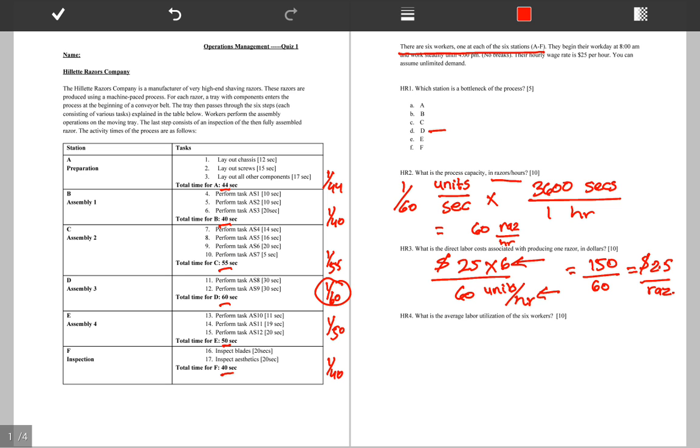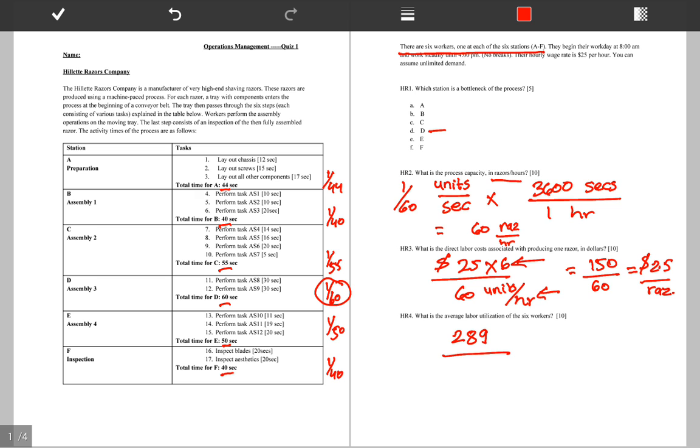Next question is, what's the average labor utilization? Well, the easier way to do this is altogether: if you add this 44 seconds, 40 seconds, 55, 60, 50, and 40, you get 289 seconds. In the bottom, each of them had 60 seconds to work with, but the first person worked only 44.